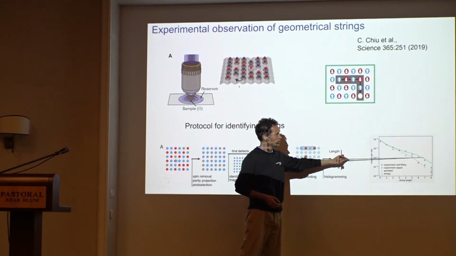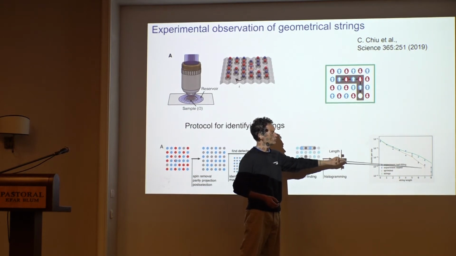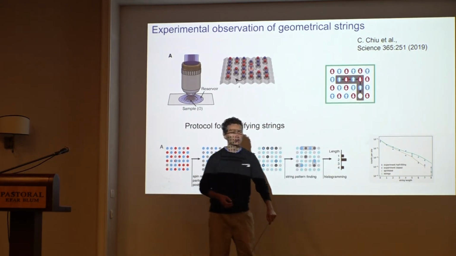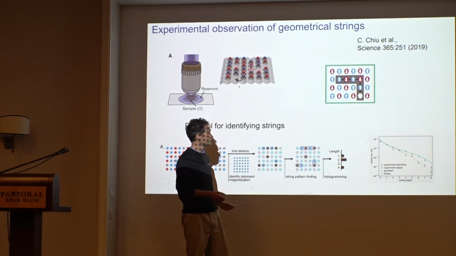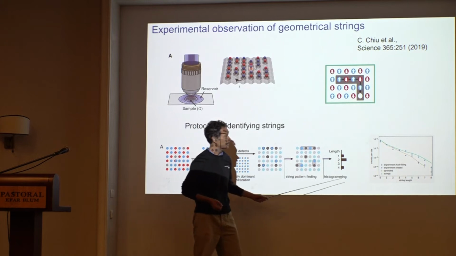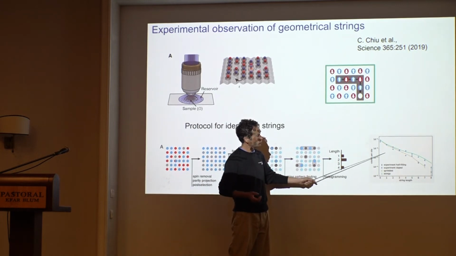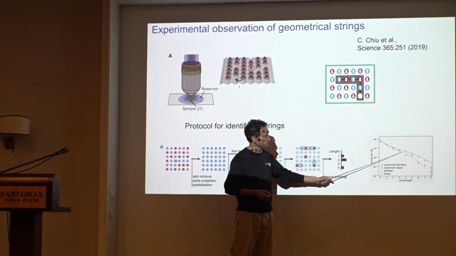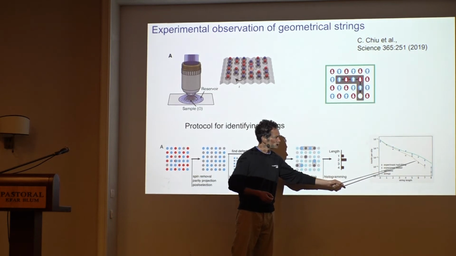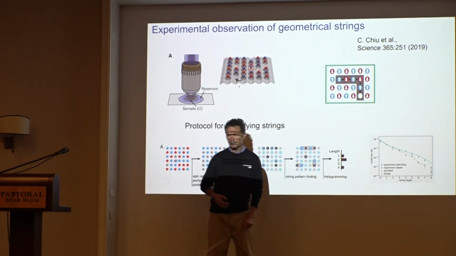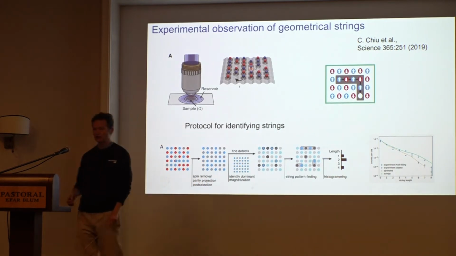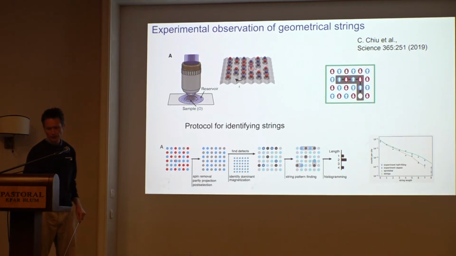So you see the probability to have longer strings goes up by almost a factor of 10. And you can check whether maybe we have longer strings just because we removed some of the sites, because after all, we're doping. No, just randomly removing sites would only shift the distribution of strings to this yellow line. You can see it would be insufficient. So the real increase in the number of strings comes from the hole motion.